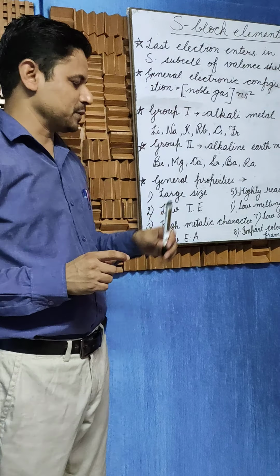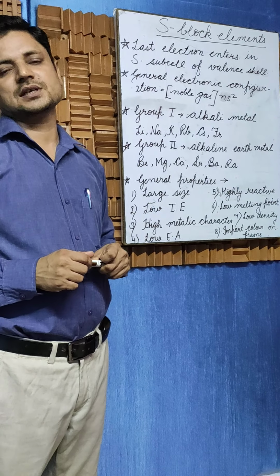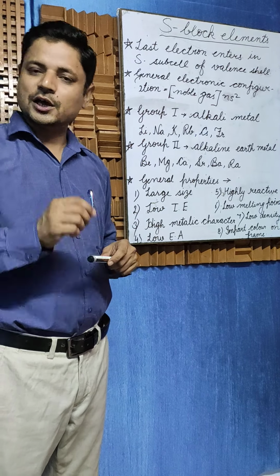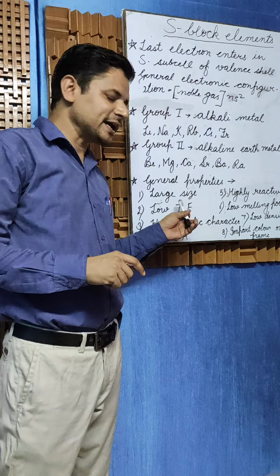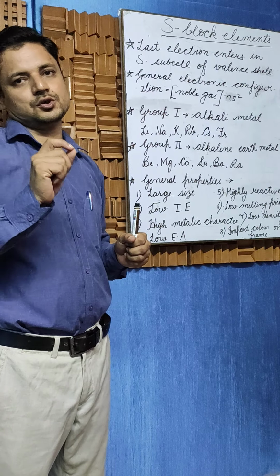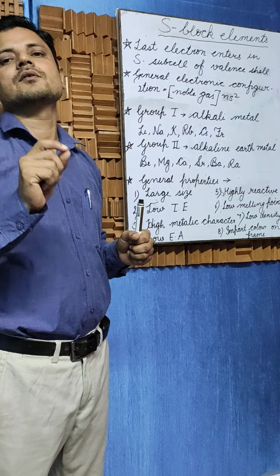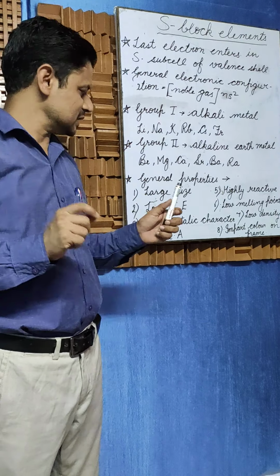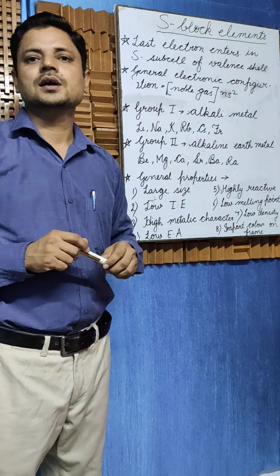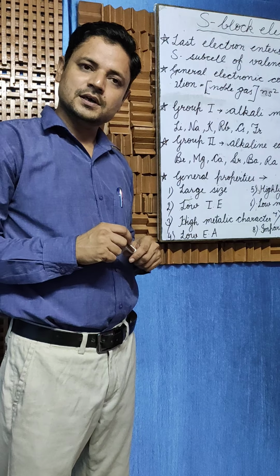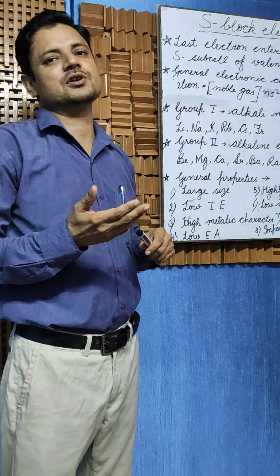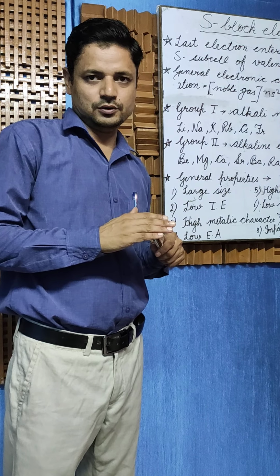The second property is ionization energy. Ionization energy is the amount of energy required to remove the outermost electron, or we can say the valence electron. And this ionization energy is inversely proportional to size. Means if size is large, ionization energy will be small.